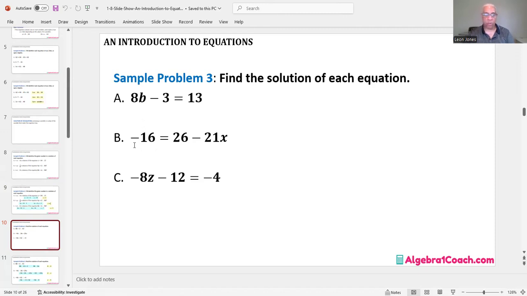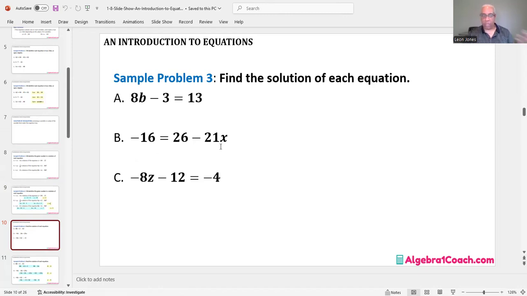And it's going to make it easier to solve. So once I do that, I'm going to have 16 minus 26 plus 21. So what I'm going to do is I'm going to add 26 to both sides, because this is a negative, and I'm going to have 42 equals 21x. Divide both sides by 21, x equals 2.